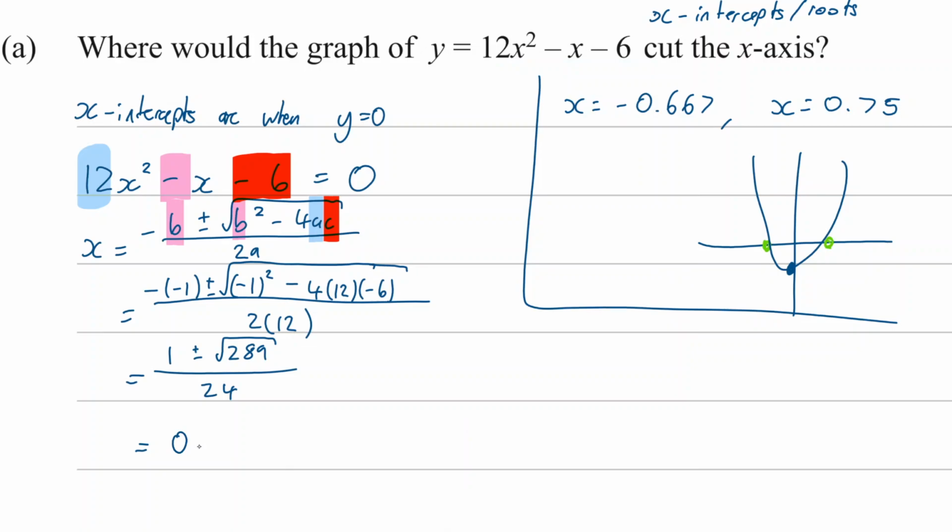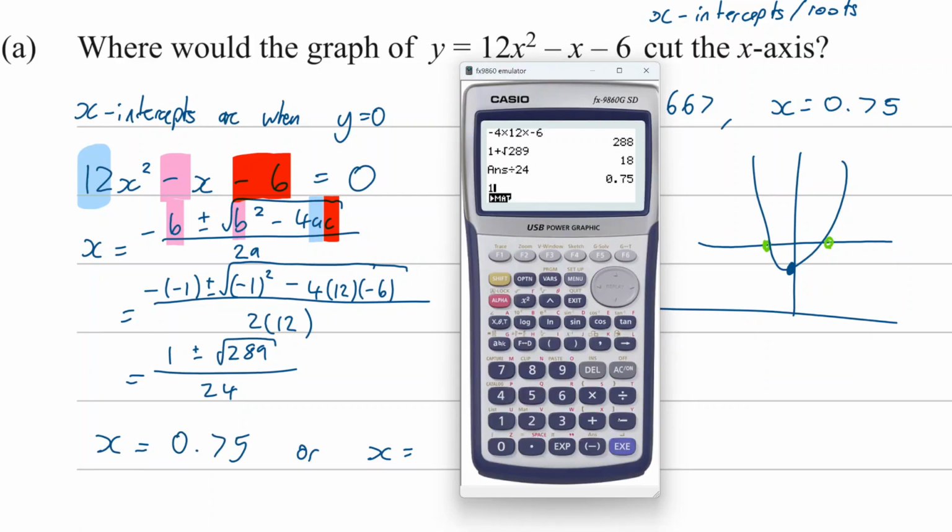Now let's do the negative solution. That will be 1 minus the square root of 289, divided by 24, which is negative 2/3, or negative 0.667.